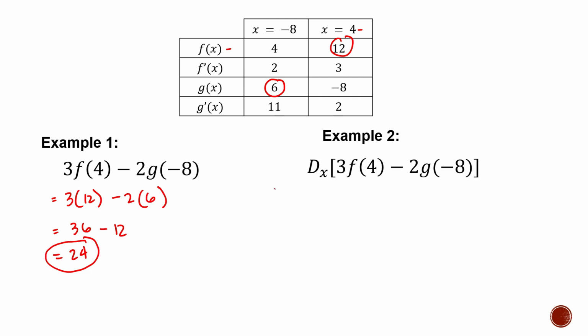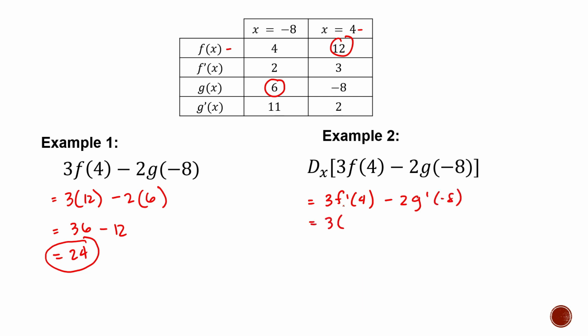36 minus 12 equals 24. Now that is going to be different in example number 2, where you notice there's a d/dx. That means we need to find the derivative of 3 times f of 4 minus 2 times g of negative 8.